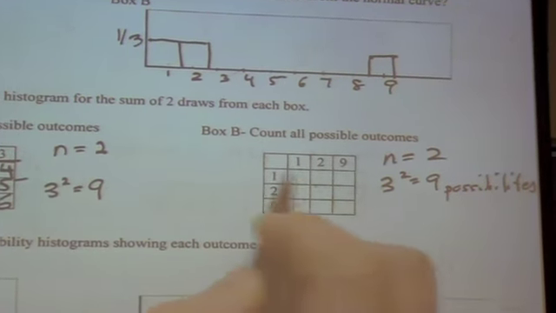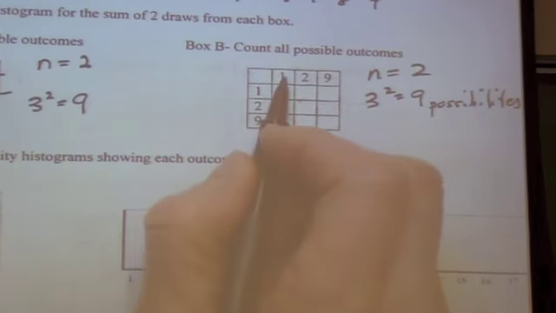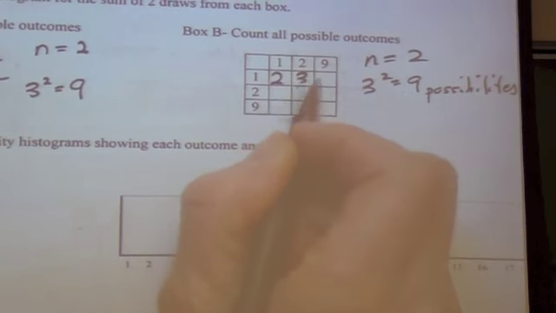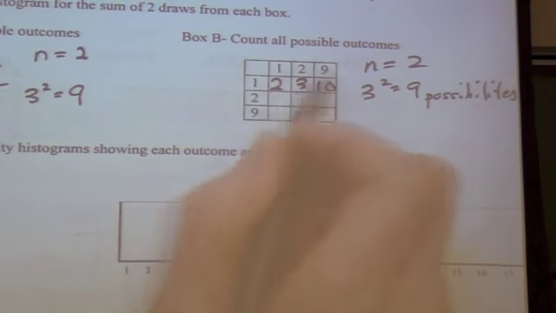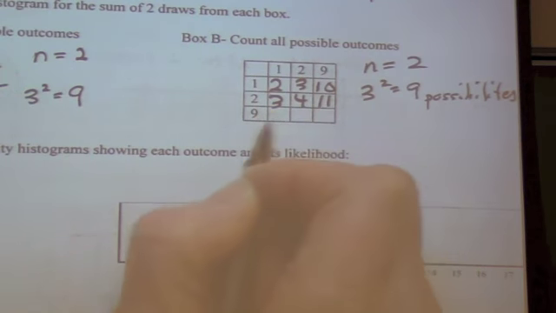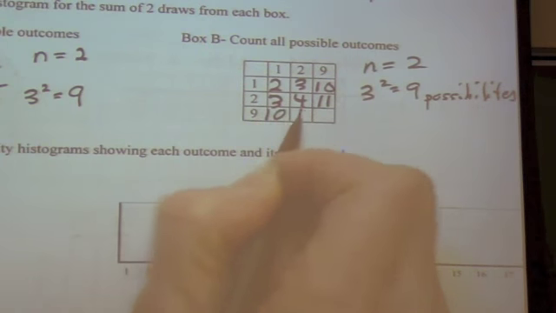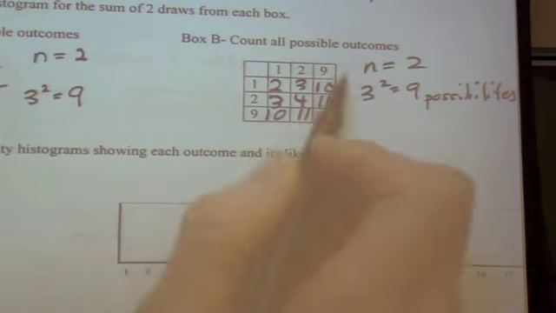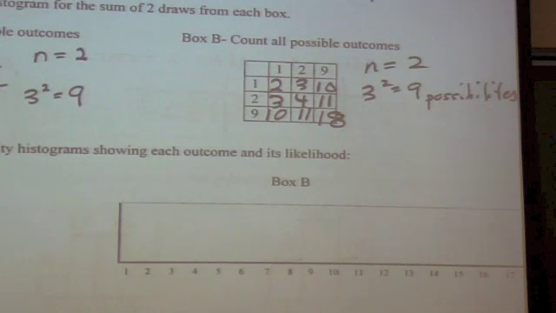So if we got a 1 the second time, and we added the 2 numbers together, we get a 2, a 3, and a 10. If we got a 2 the second time, add a 2 to each of these numbers, we get a 3, a 4, and 11. Or we could get a 9 on the second one. We get a 10, 11, and 2 9s, 18. The largest the sum of the 2 draws can be would be an 18.